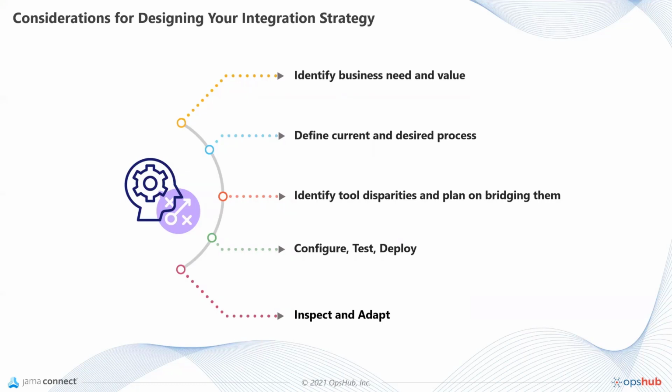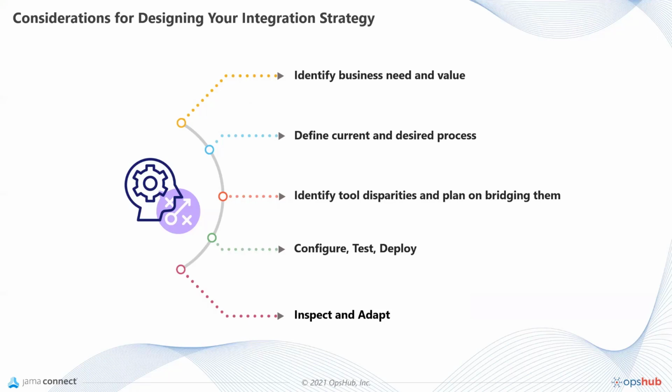Another common thing is identifying the disparities between the different tools, the data modeling or how those tools are using that data, so you can make a plan for bridging those. And then being able to configure that integration, test it potentially in a testing environment, and then deploy it to production.